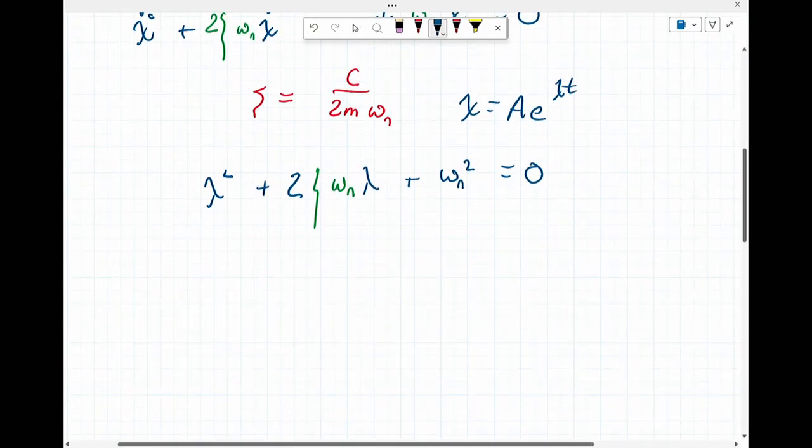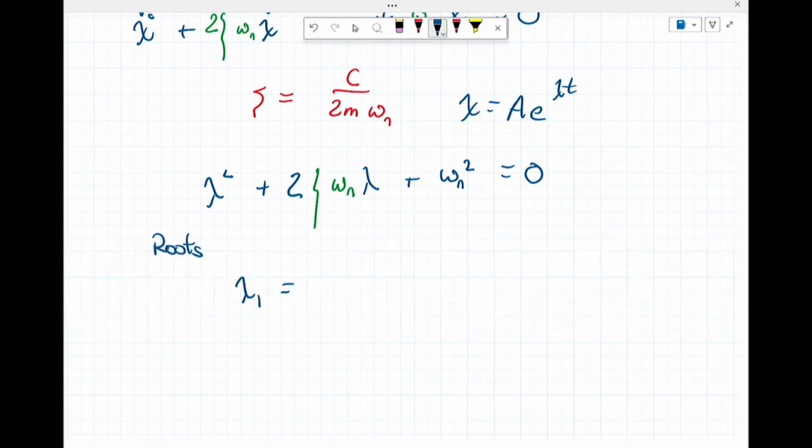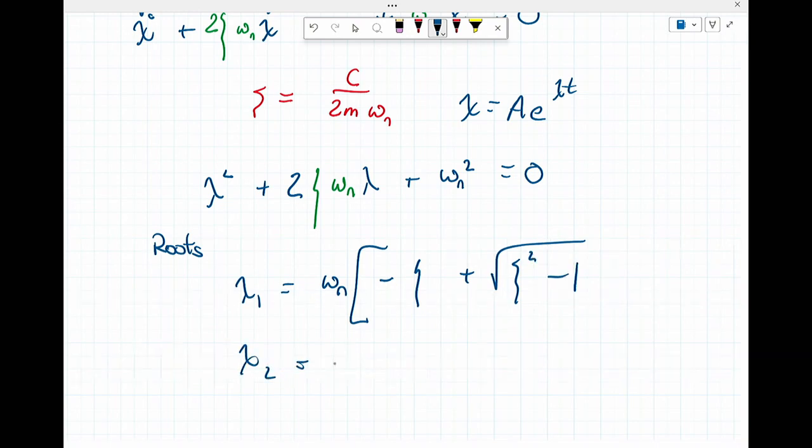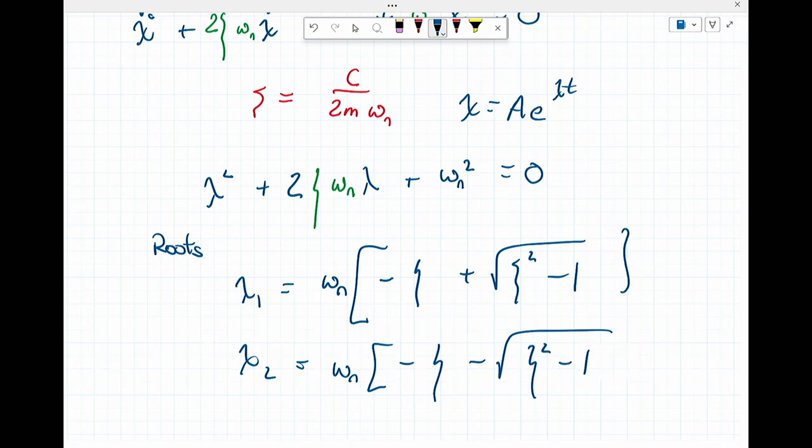And if you solve for the roots of that, you end up with lambda 1 is equal to omega n times minus zeta plus square root of zeta squared minus 1. Lambda 2 is equal to omega n times minus zeta minus square root of zeta squared minus 1. Oh, plus minus, okay, good. So you now have two solutions, and you have two roots, which doesn't sound like it's much better, but you have two lambda roots.